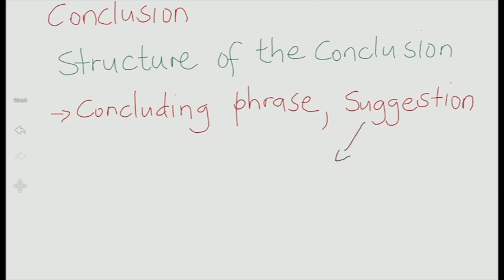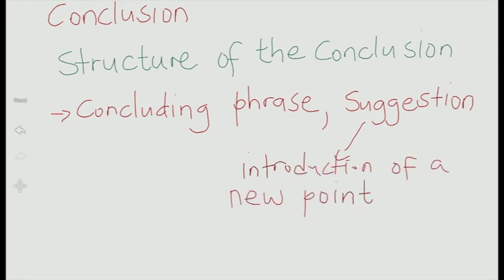Basically, you kind of introduce briefly a new point. It's like introduction of a new point altogether, one that has not been used there. So it can never necessarily be a summary of the points that you included, but you get the chance to just throw in one more point that you have, which can come as a suggestion.